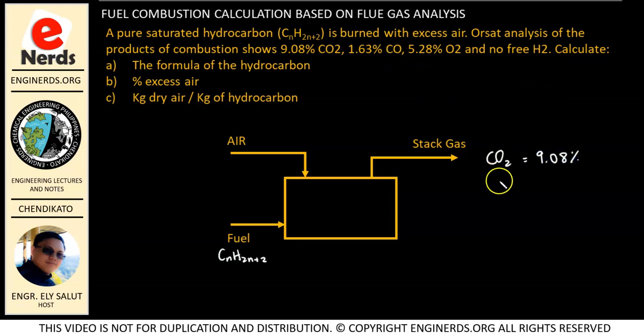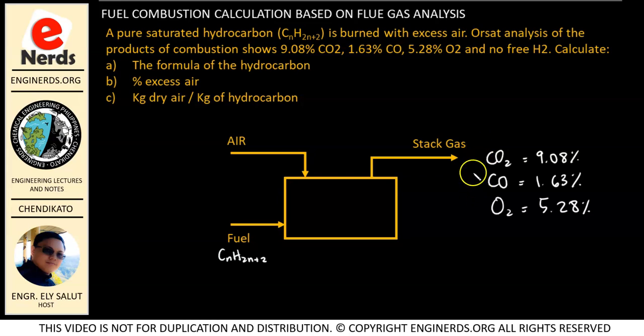We also have CO, which is 1.63%. And then we have O2, which is 5.28%. And it is mentioned that we do not have free H2, which makes our calculation easier, right?